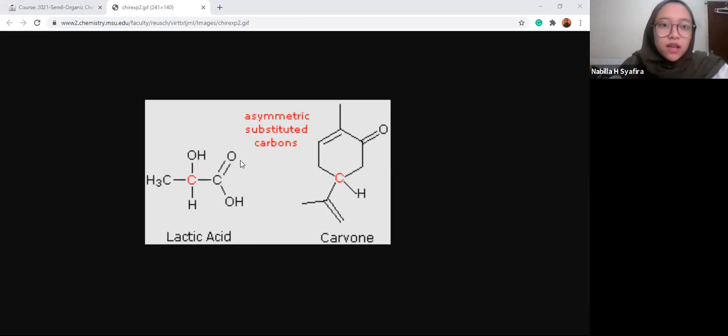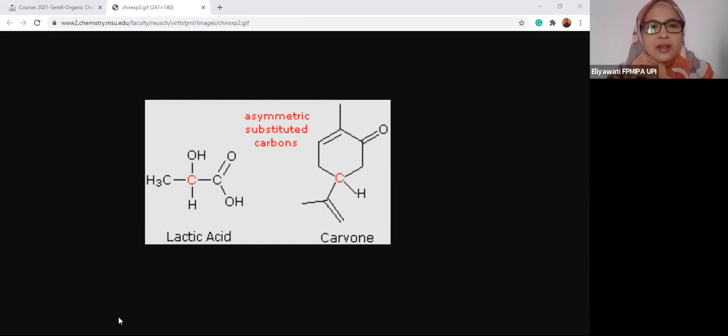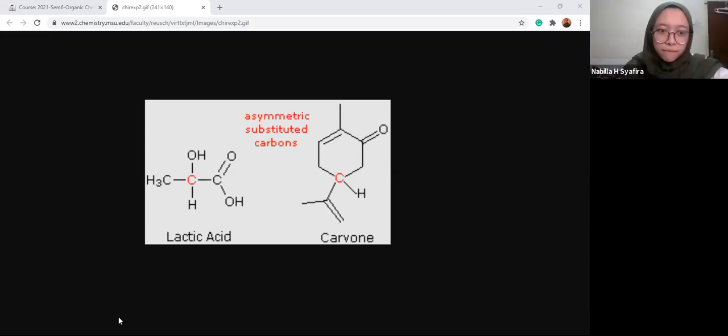Okay, so this is the lactic acid structure, and we can see the carbon is asymmetric. It has an asymmetric carbon atom because it has OH, and then this is H3C, H, and also the carboxyl carbon. So all 4 branches are different. Yeah, good. So that's the example of a substance that has an asymmetric carbon atom.